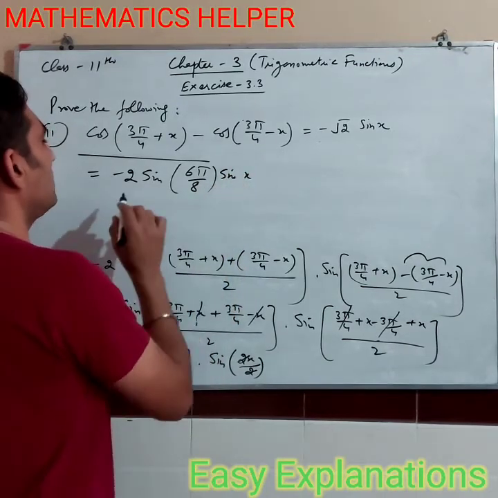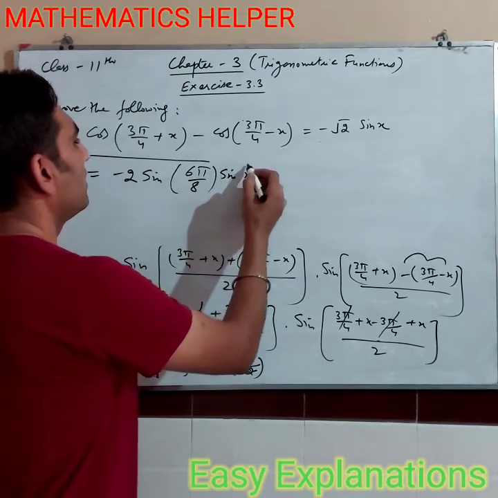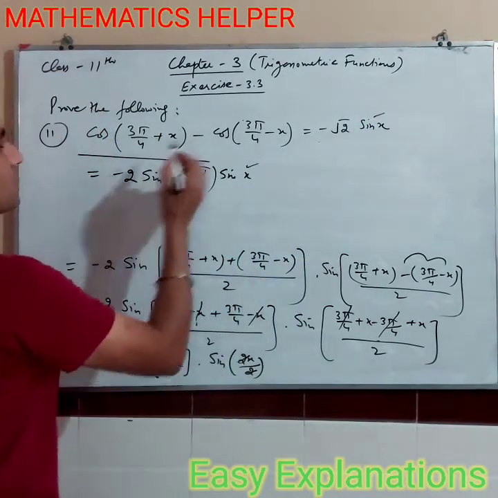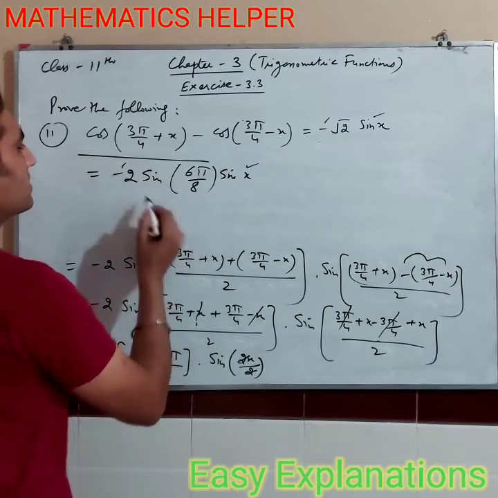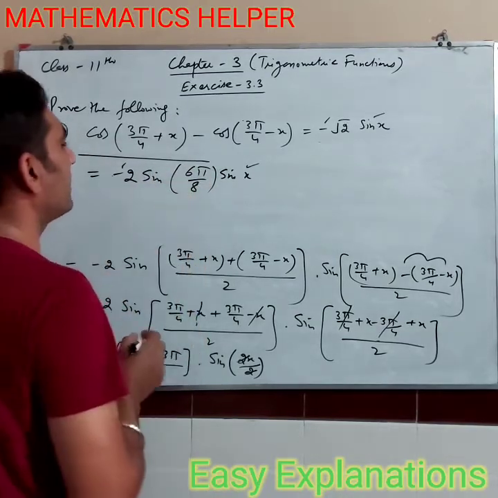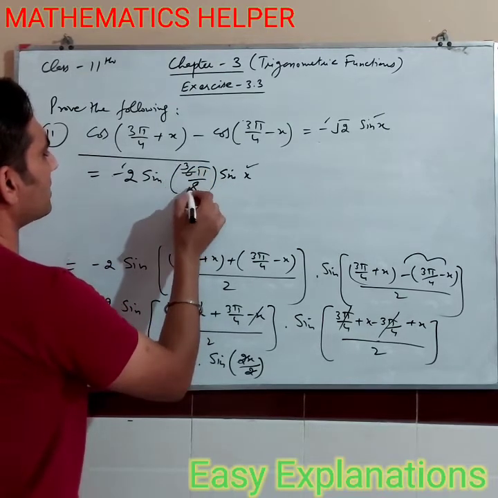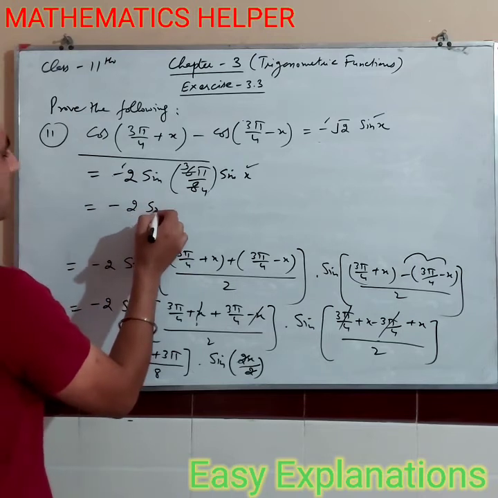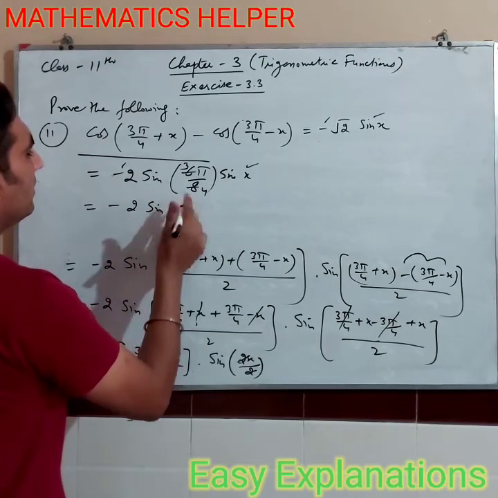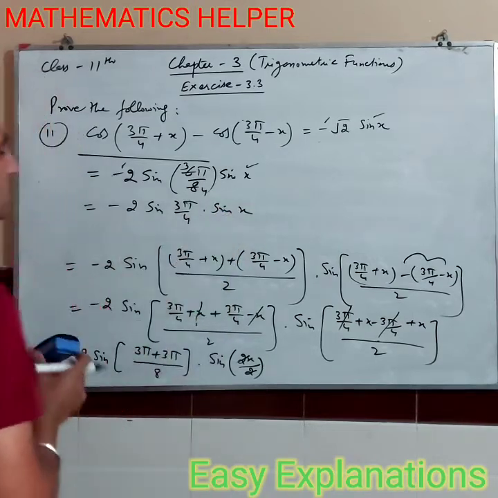So our answer is nearly of the same type, and we have this minus sign. The only change we need is in the calculation of sin 6π/8. First of all, cancellation is possible, so cancel: 2 into 3 is 6, 2 into 4 is 8. So we have 3π/4. So minus 2 sin 3π/4 into sin x. So we have a situation like this.